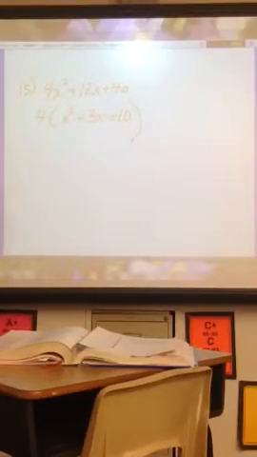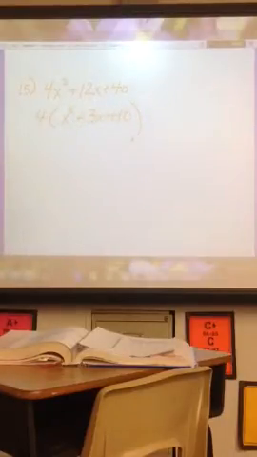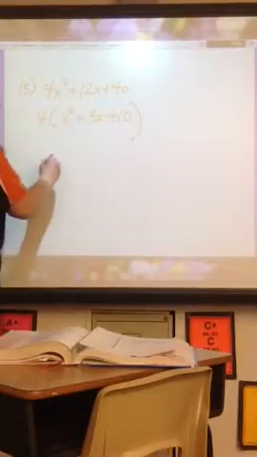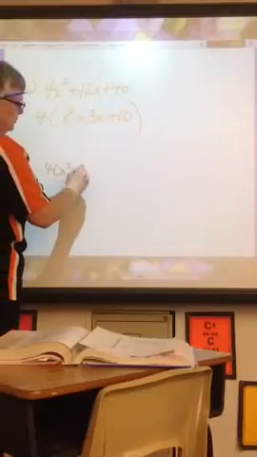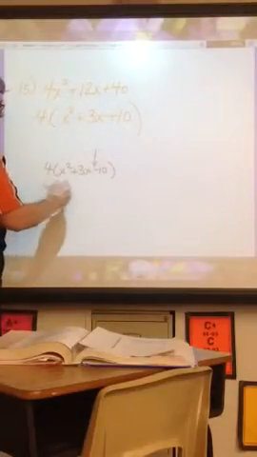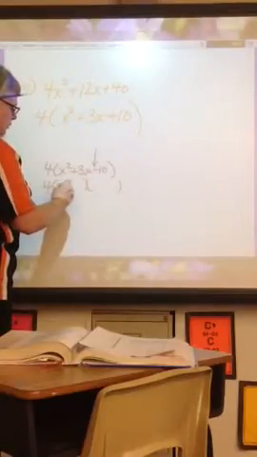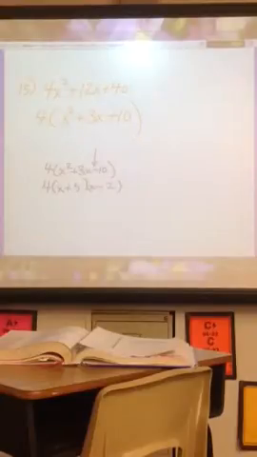It cannot factor any further. Now, if this would have been a minus, that would have been entirely different. If it could have been factored, then you'd have x plus 5, x minus 2. But again, you always check the GCF.